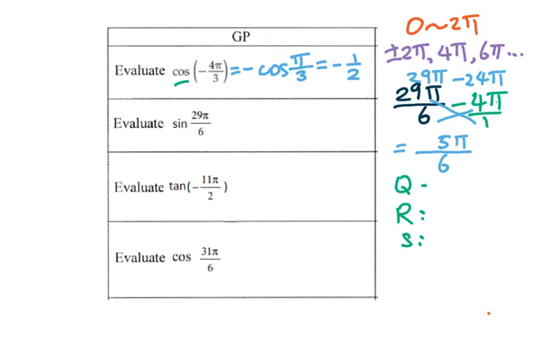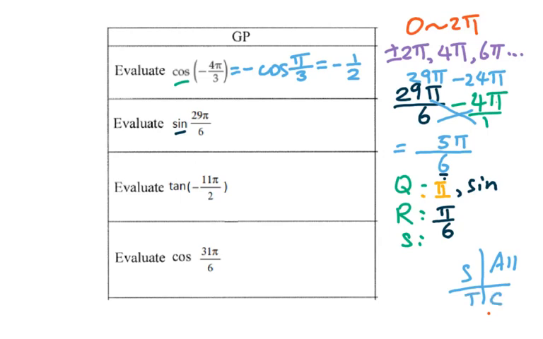So that we can go to QRS. Quadrant, still second quadrant. Reference angle, denominator is 6, that's why it's pi over 6. Let's go to all students take calculus. We are looking for sine. So for sine, then check all students take calculus.